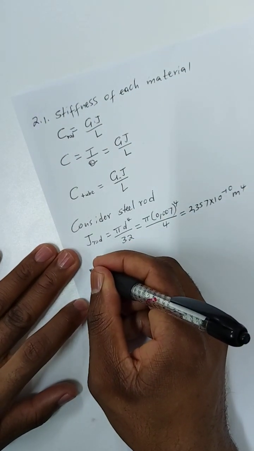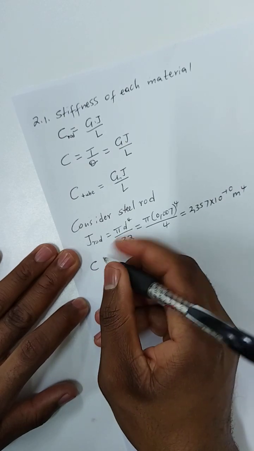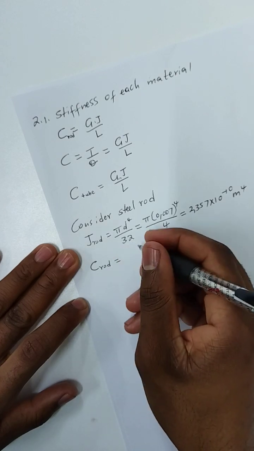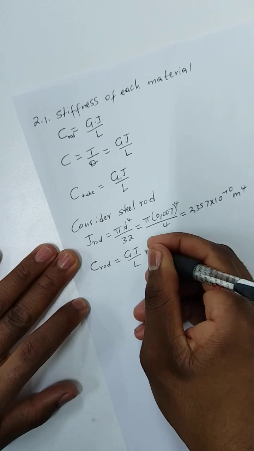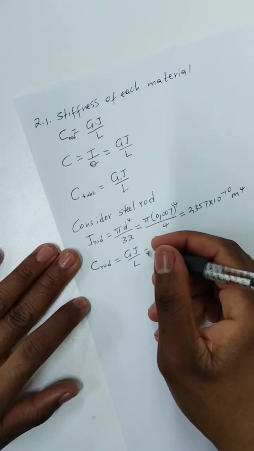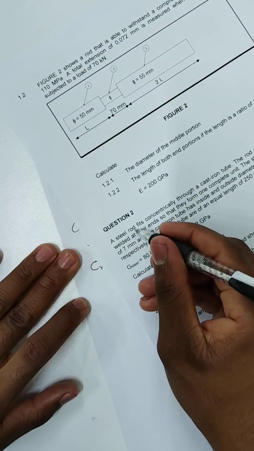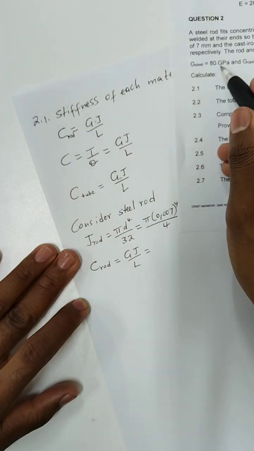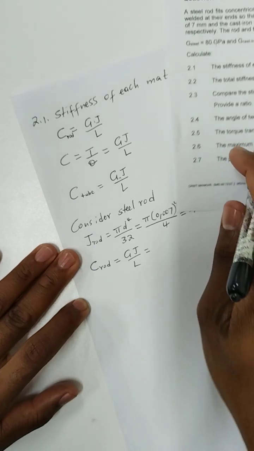Then from there you can calculate the stiffness for the rod. This rod is made from steel material. That's why they said a steel rod. Then that means the G here will be the G for steel, which is 80.